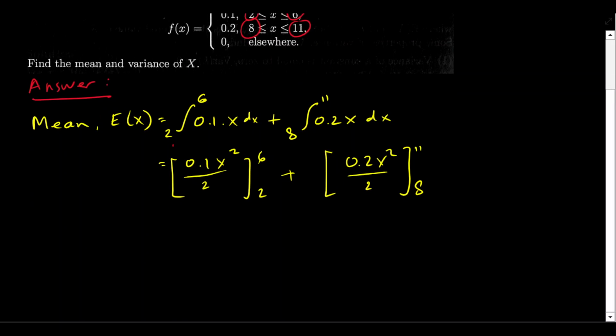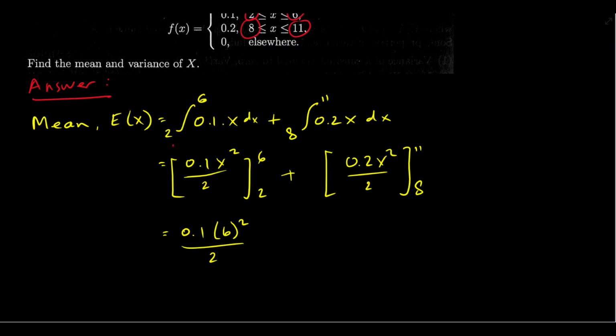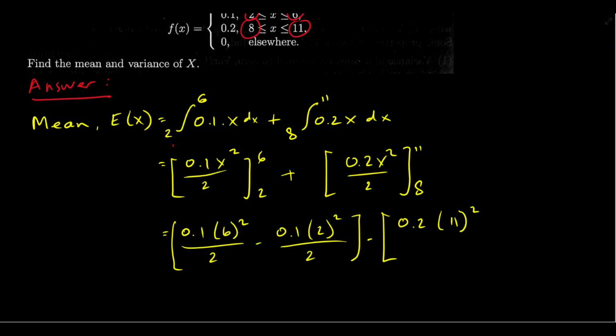So simply by calculating 0.1 times x, in this case 6 square by 2, minus 0.1 for x equals to 2 square over 2, minus 0.2 divided by 2 is 0.1, but let's just write everything down, for x equals to 11 square divided by 2 minus 0.2 for x equals to 8 square divided by 2.